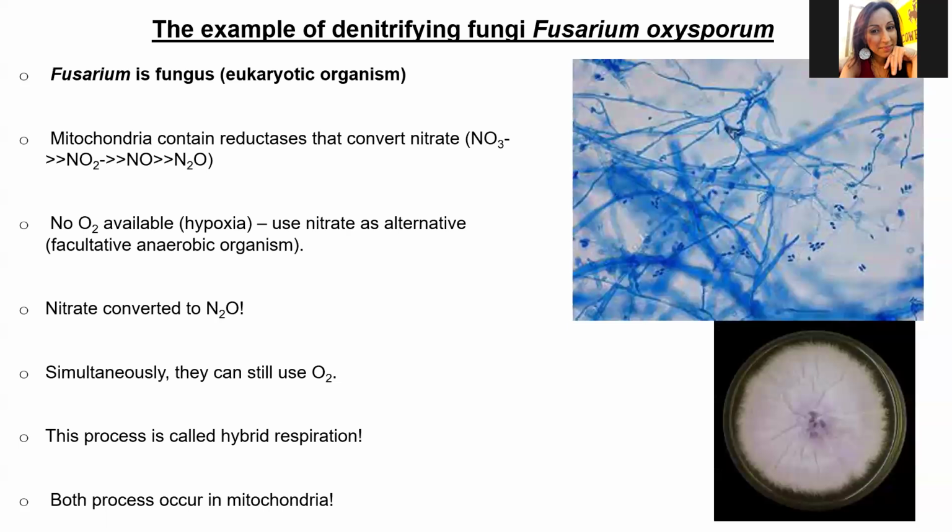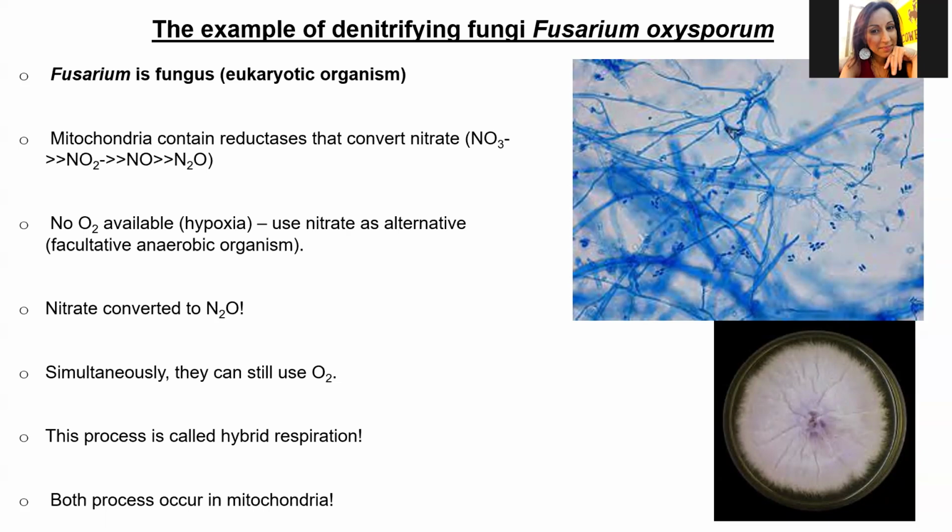The other example of eukaryotic denitrification is Fusarium, which is, of course, a fungus. Even though it's not really a microorganism, you can see kind of little hairy roots, we still think they are micro-sized.